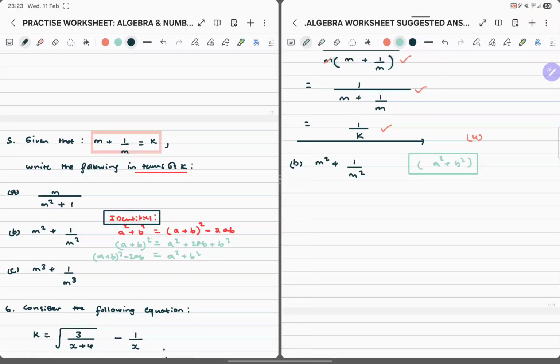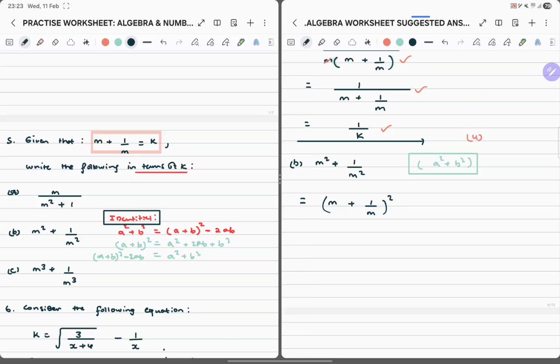So we can clearly see this works. So we can try this technique and see. So this is equal to, of course, we take this m plus this 1 over m. Maybe I'm not writing it in the manner that I should. So we write, this is m plus 1 over m.